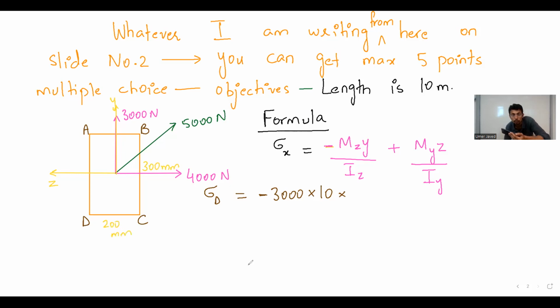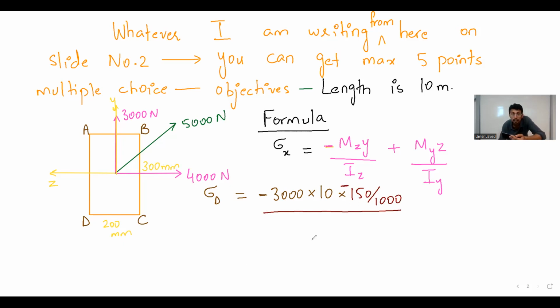Okay, now tell me what will be the value of Y for finding the stress at D. So I have gone to 100 millimeter towards... No, sorry. 150. Positive 150? Should it be minus?